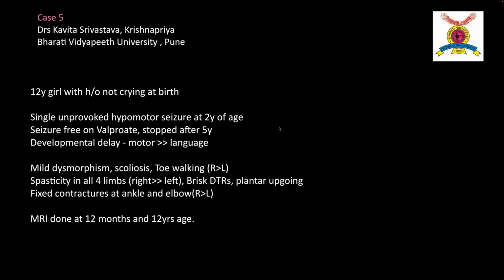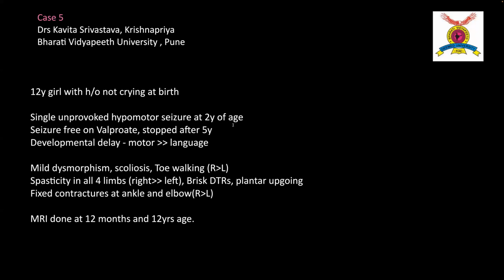Good evening. This is about a 12-year-old girl who presented with a history of hemiplegic cerebral palsy. There was a history of not crying at birth with global developmental delay, and now at 12 years she has caught up. There was a history of a single unprovoked seizure at 2 years. On examination, it is an alert child with short stature and microcephaly.